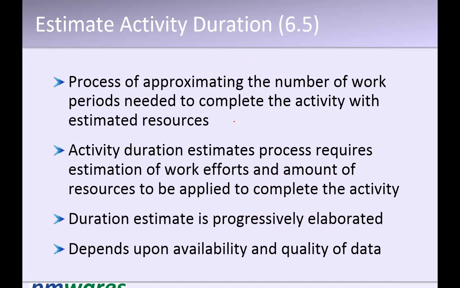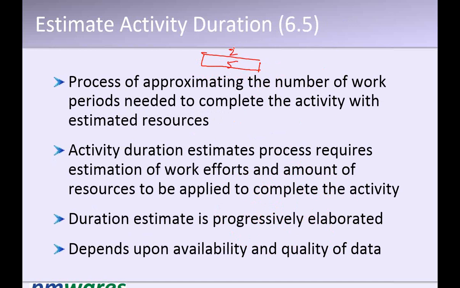Now when we have a network diagram as well as resources available, when we have identified how many resources are required or how many resources are available for a particular activity, then we can easily figure out how much time it will take. So suppose I have this work to be done, I have 2 resources and this can be done in 5 days.